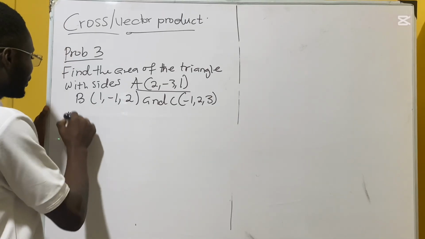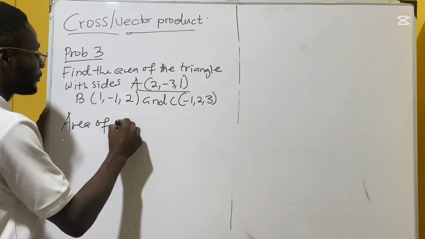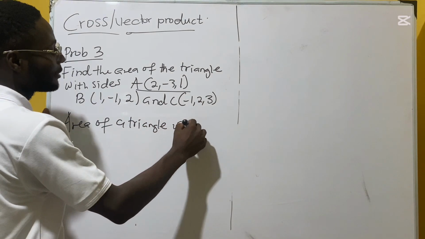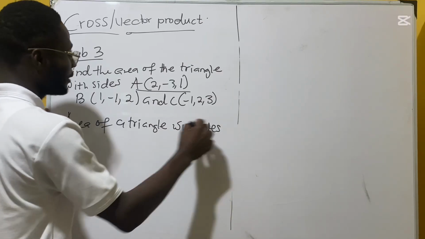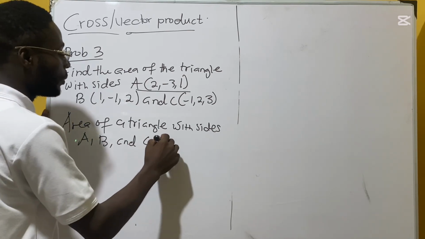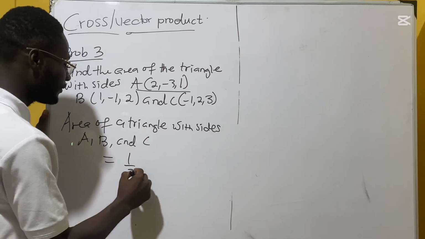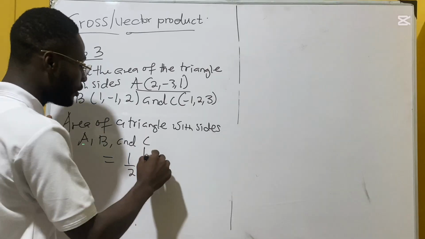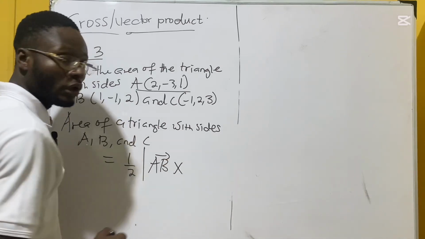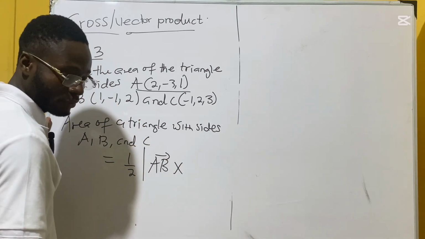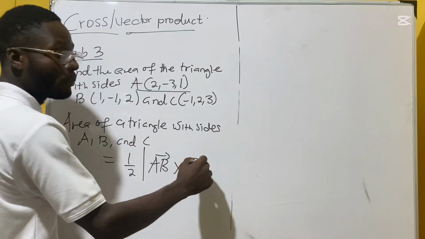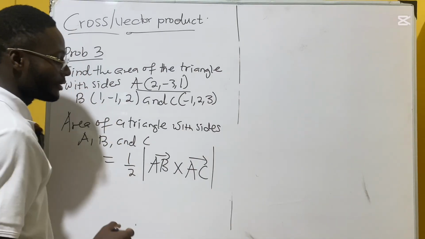So we know that the area of a triangle with sides A, B, and C will be equal to half times the magnitude of position vector AB cross position vector AC.